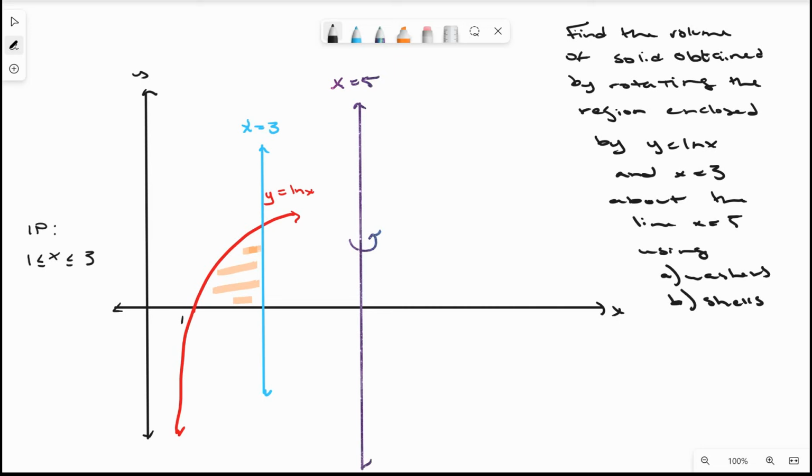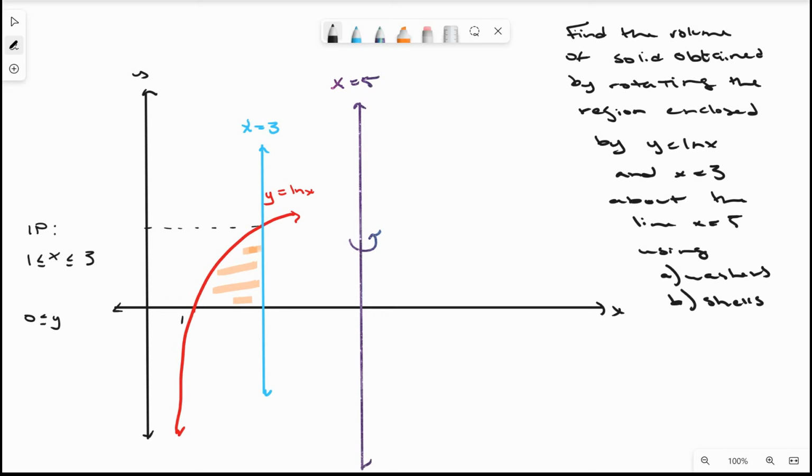And then if we're looking for the limits with respect to y, we have y going to be 0 here, and then going up to here where ln x meets x equals 3.